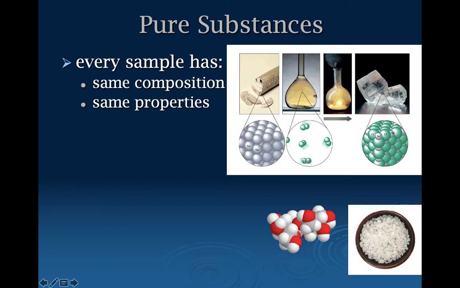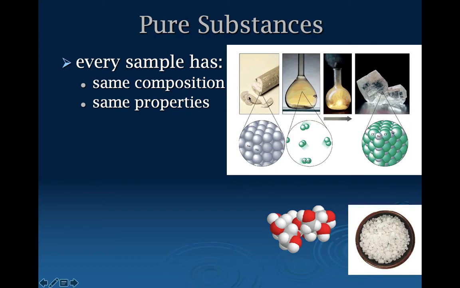That's a pure substance. Just to the right of that, I have chlorine gas, and chlorine gas would be a pure substance. When I mix sodium metal with chlorine gas, a reaction occurs to make sodium chloride, which you better know as salt.